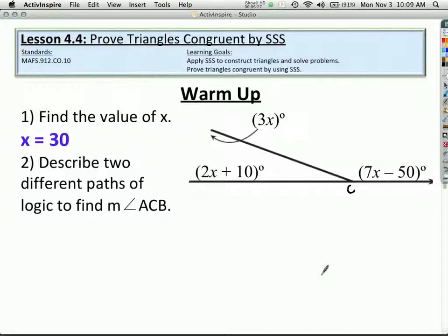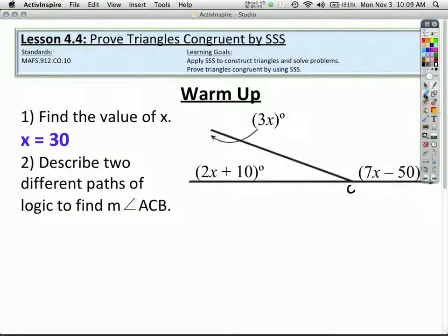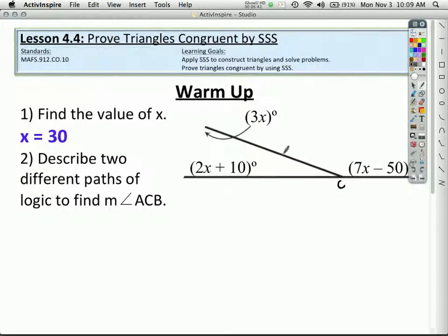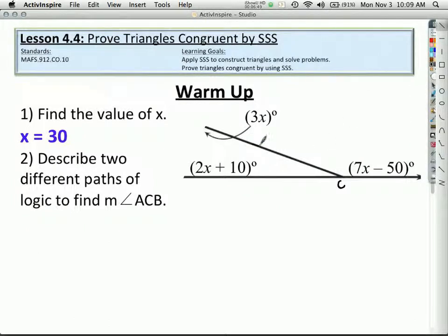I guess you would extend the transversal. Okay, nice. Extend this line here, like through here. Okay, so if we could do that, extend that, let me see if I can do that.